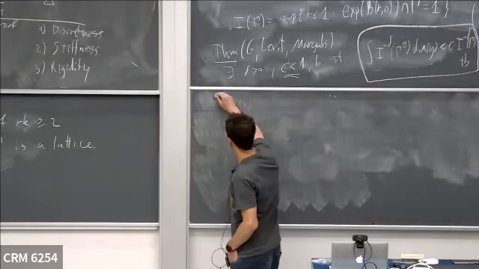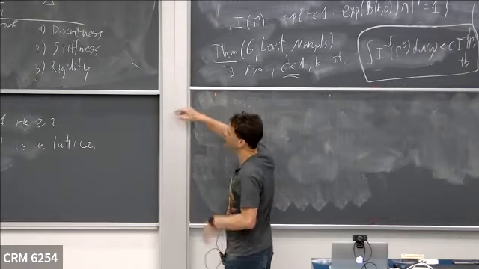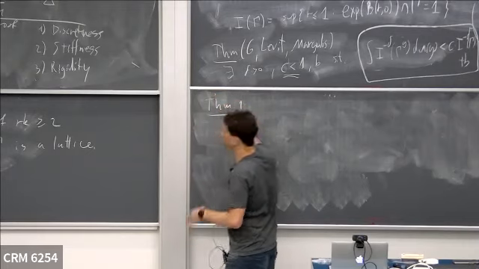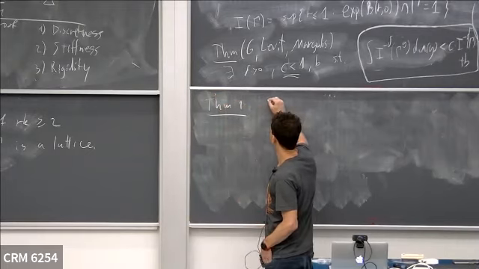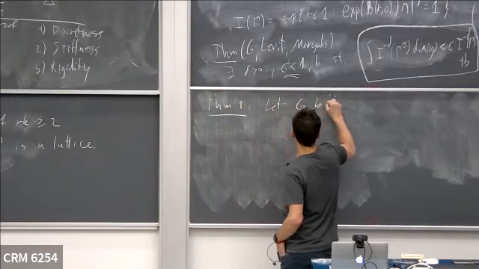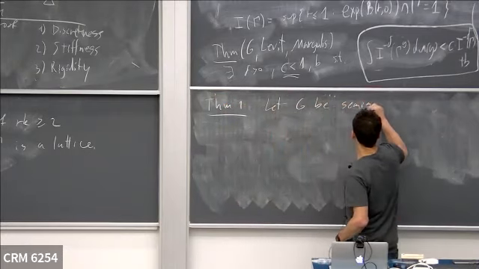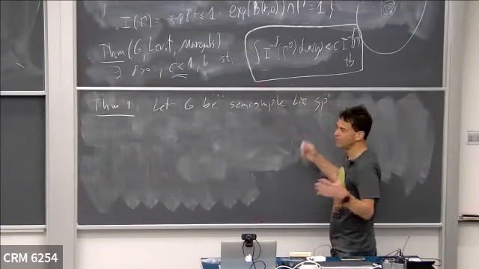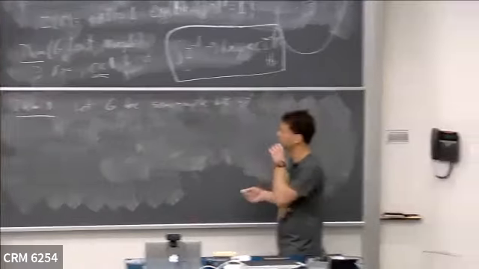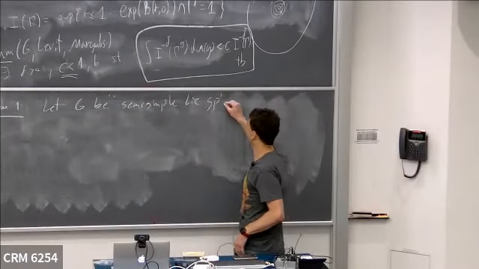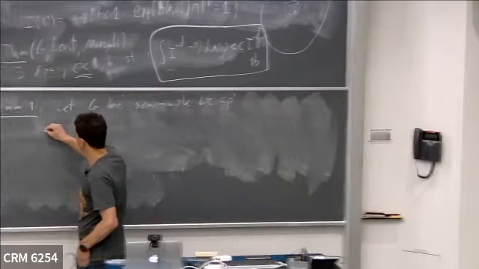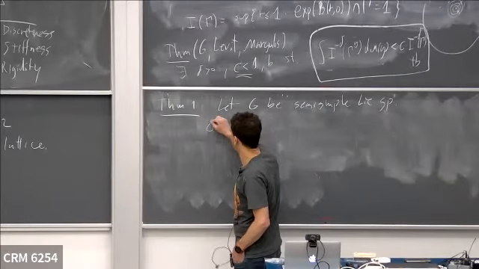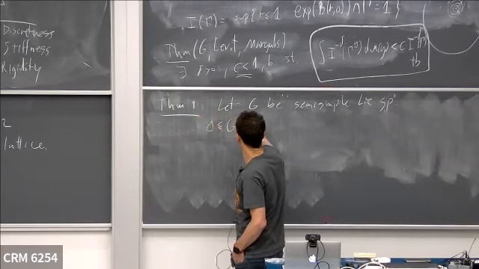By the way, this theorem holds for any semi-simple group. So let G be semi-simple. It could be SL2R or SL2 times SL2, etc. Let delta in G be discrete.